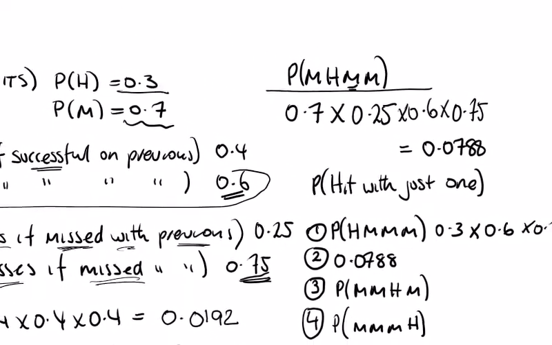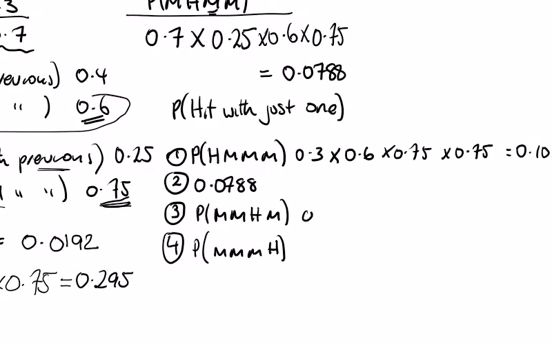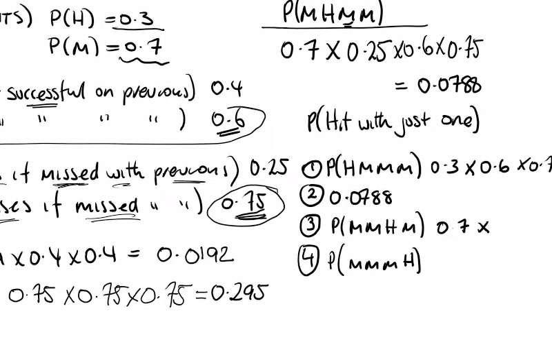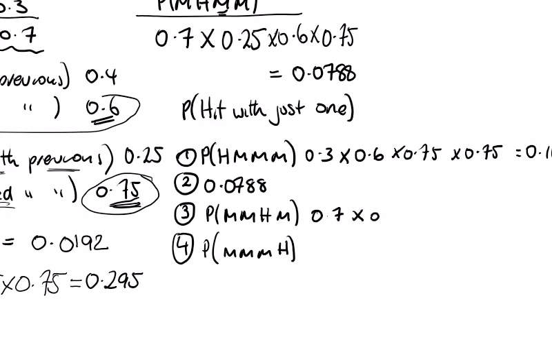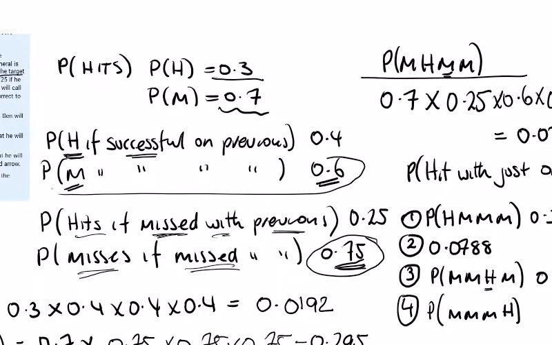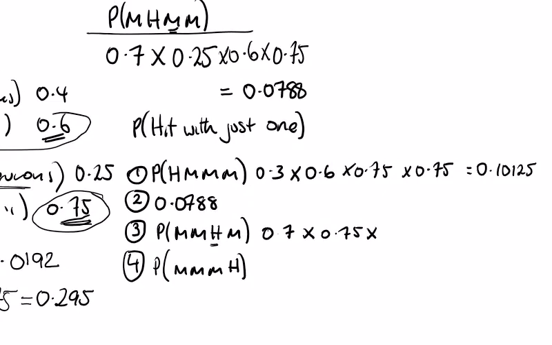Okay, we have the second one, MMHM. So the miss at the beginning is the 0.7. Miss, having missed previously, 0.75. Then we're looking for hit, having missed previously. So the probability of hitting, having missed previously, 0.25.